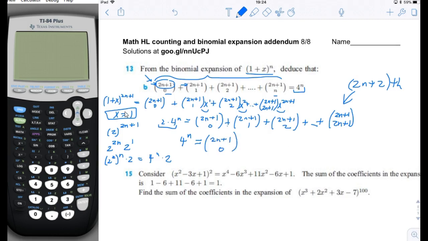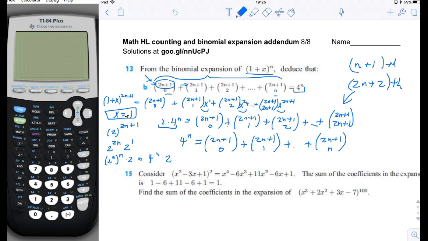So the first half of the Pascal's triangle coefficients would be 2n plus 1 choose 0, 2n plus 1 choose 1, etc., all the way to the n plus 1th term, which would be 2n plus 1 choose n.